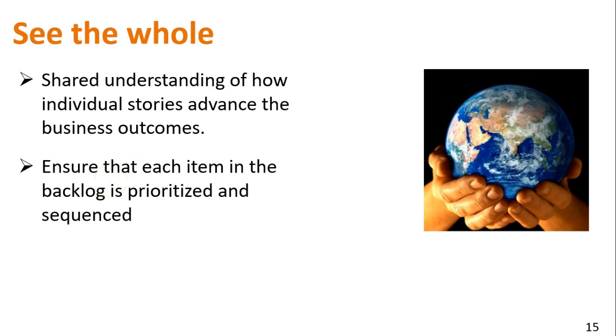We understand the values, so we prioritize the backlog items according to what's going to provide the best increment of value going forward, and we have the items sequenced properly so that our product will continue to work and continue to grow as we add more functionality to it.